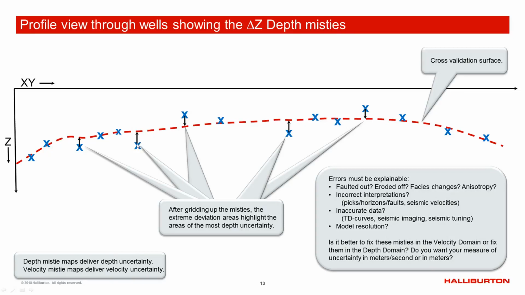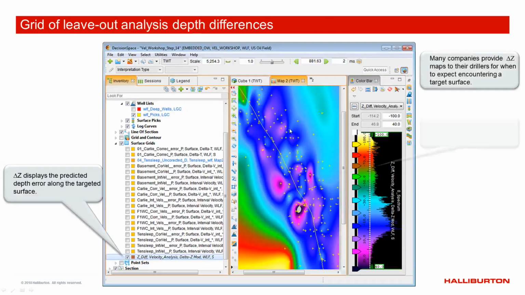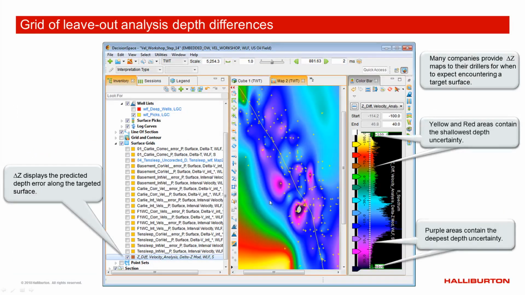So what we want to do is grid up these uncertainty values and say we don't know why we have bigger uncertainty around certain wells, we just know there's uncertainty there. And so we give the drillers our best depth estimate map from our velocity model using all the wells, plus this uncertainty map that shows, in this area here, we have our depth prediction, but we also have this uncertainty error prediction.